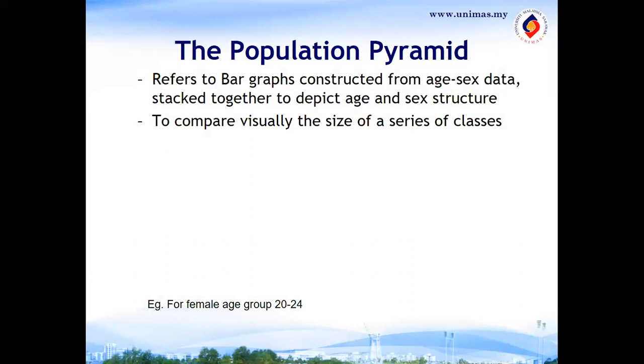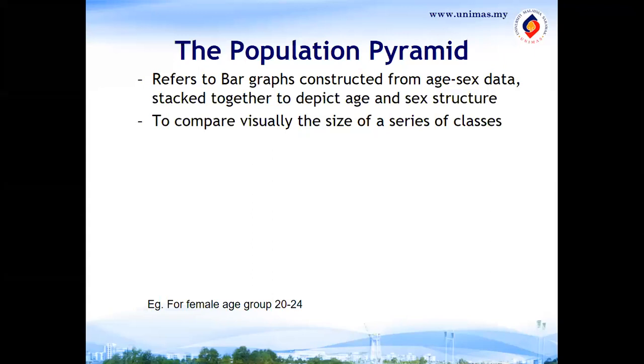Boleh faham tadi sex ratio? Mungkin kita boleh buat nanti some exercise lah untuk membuat analisis terhadap sex ratio, age dependency ratio dan sebagainya. Okay, so itu berkenaan dengan sex ratio.